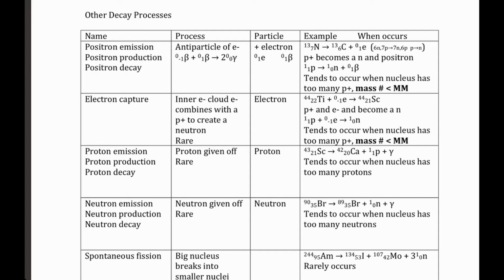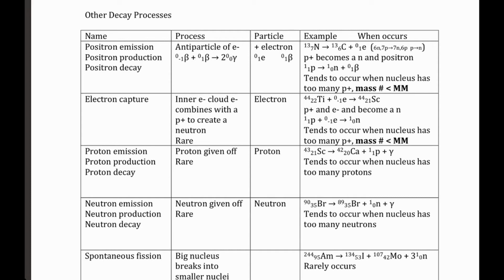And what's happening here is a proton in the nucleus is becoming a neutron and a positron. So that's the underlying change that's occurring in the nucleus when a positron is produced. So we see that there, proton 1 1 yielding neutron 0 1 plus beta 1 0.